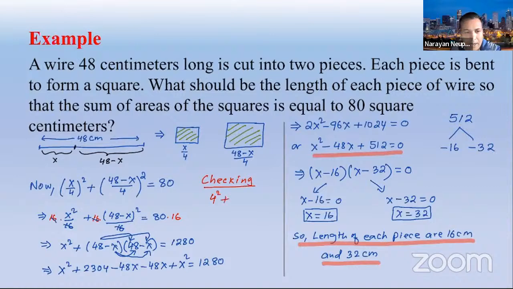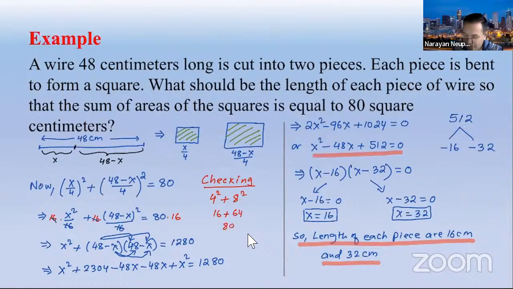Similarly, for the second, we got 48 minus x, that is 32. 32 divided by 4 is 8. So the area of the second one is 8 squared. But what is said is, if we add these two, it should be 80. Let's see. 4 squared is 16, and 8 squared is 64, and 16 plus 64 is 80.